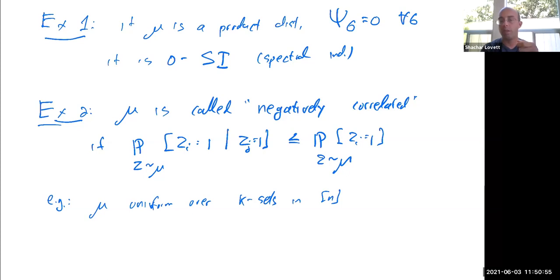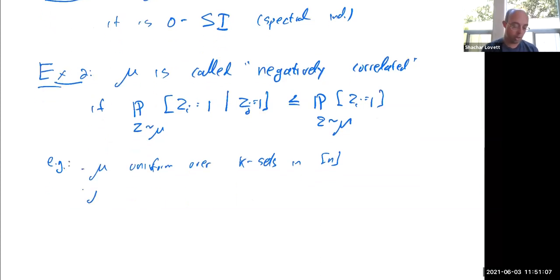So this is a much more general notion of being not independent, but somehow negatively related to each other. Another example that's still true but harder to prove is mu uniform over spanning trees. It turns out that the uniform spanning tree, when the basic objects are edges, is also negatively correlated. So that's an interesting fact, but it's harder to prove.